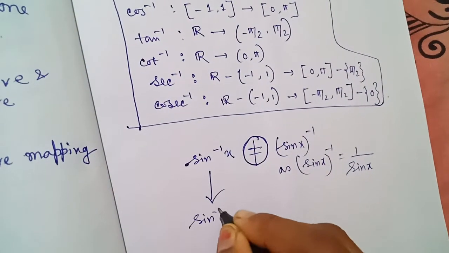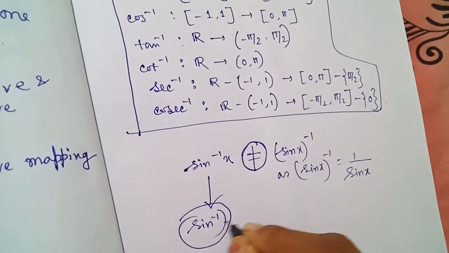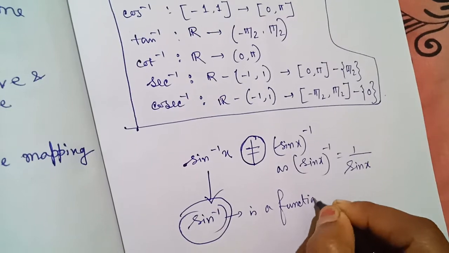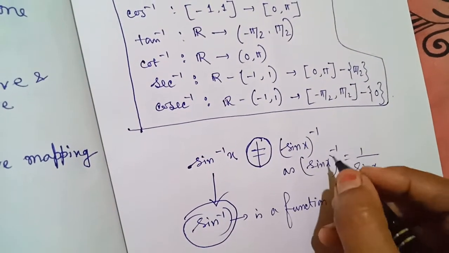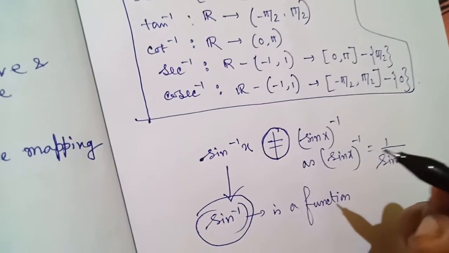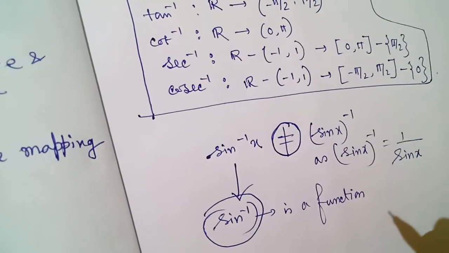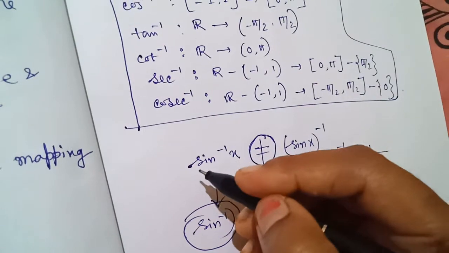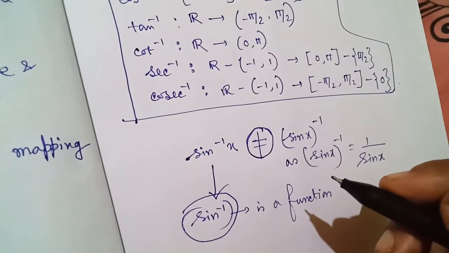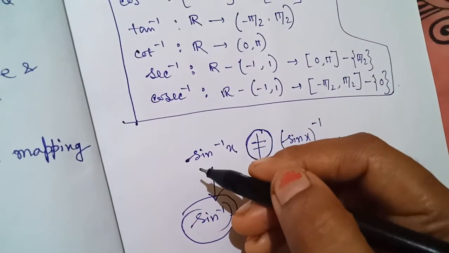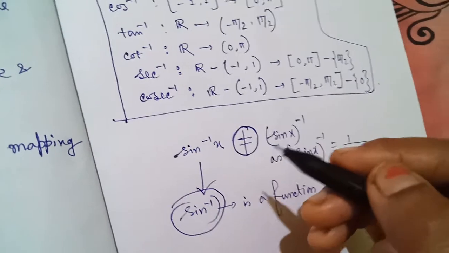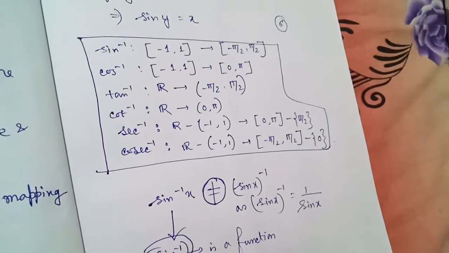So sine inverse, the whole term, is a function. It can't be broken into 1 by sine or something. It's not a product, not a multiplicative inverse. It's another individual function.